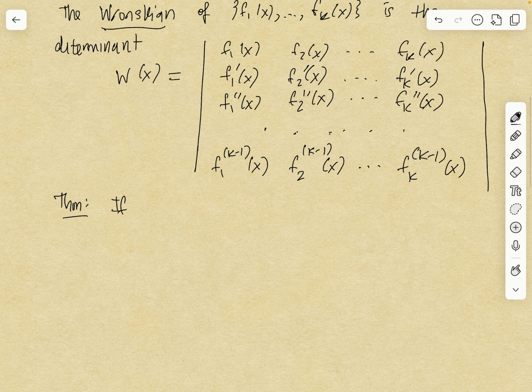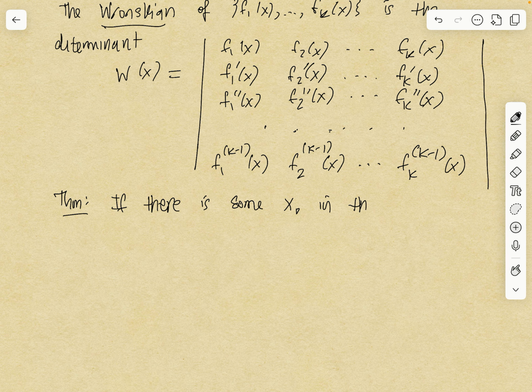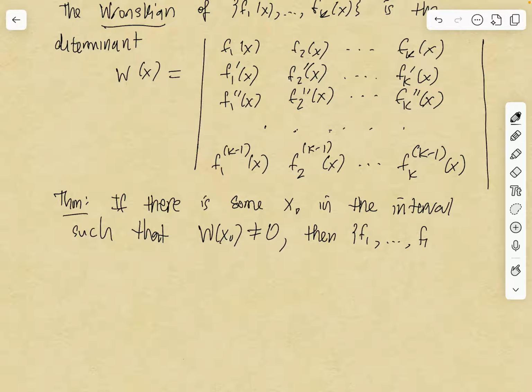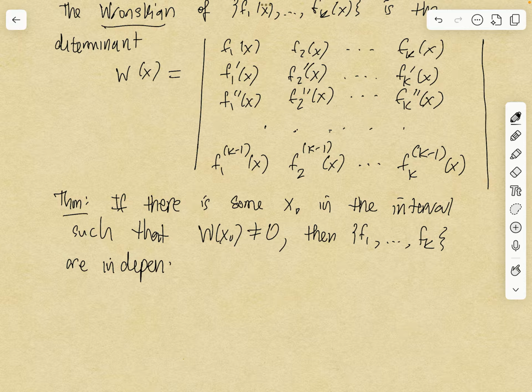The theorem is that if there is a point in the interval, some value of x, say x naught, in the interval, such that the Wronskian evaluated at x naught is not 0, then the functions f1 to fk are independent on that interval.